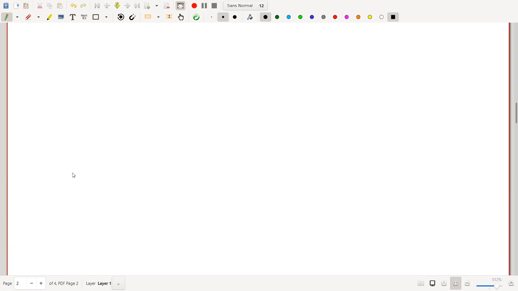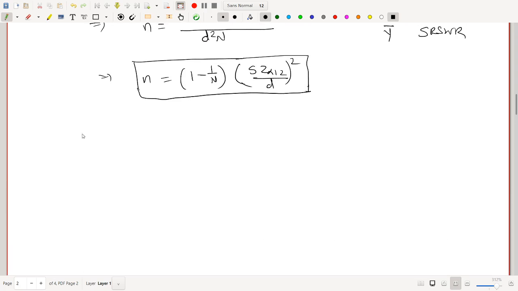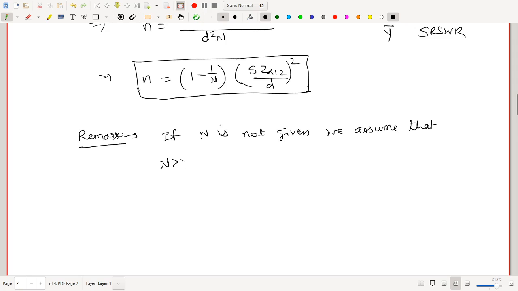Now we are going to see one remark. If capital N is not given, meaning sometimes the population size is not given, in that case we assume that capital N is very large compared to small n.